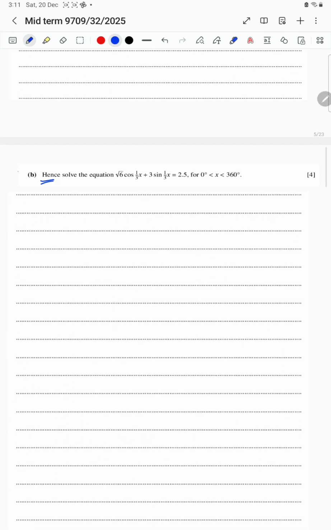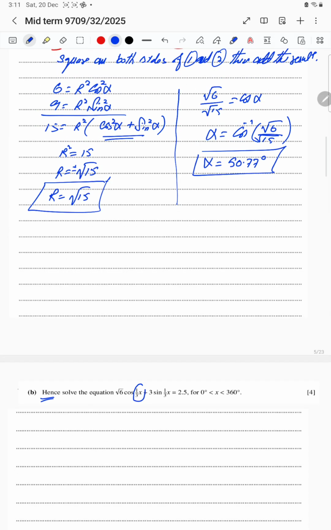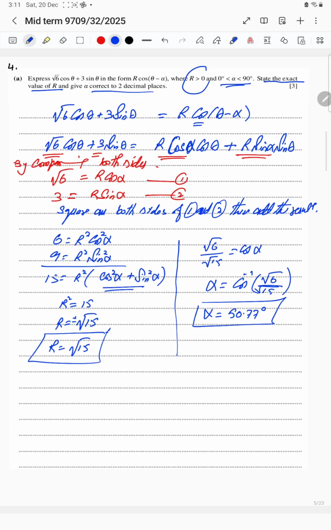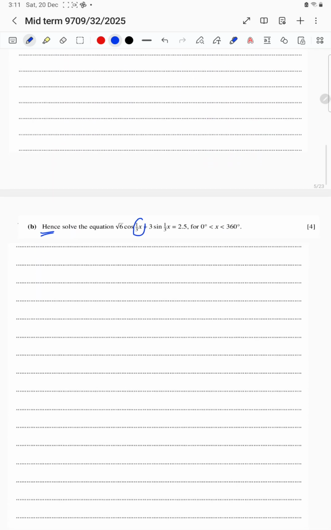Hence, it means from the first part, solve the equation. This theta has been changed into x by 3.